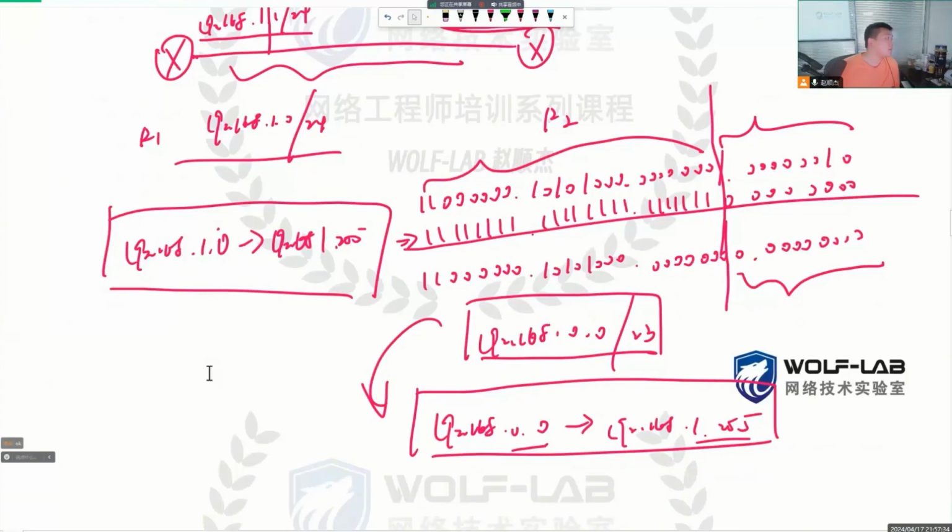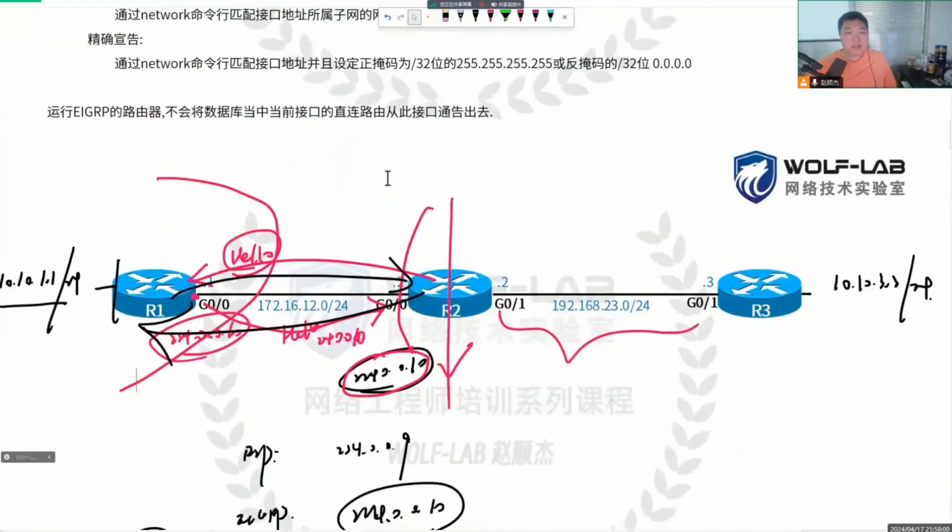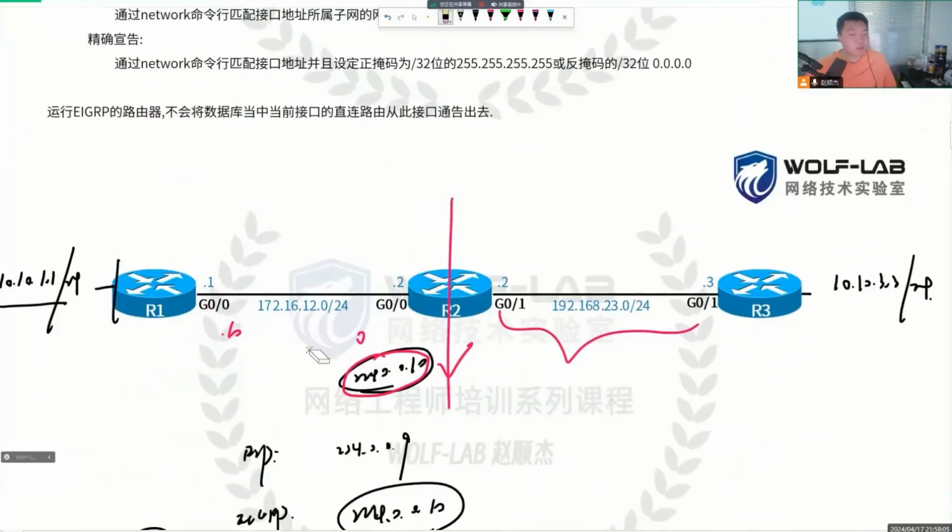EIGRP can be considered an entry-level protocol, because the later OSPF and BGP are relatively more complex. But EIGRP is a very easy protocol to lay the foundation with. If you understand how EIGRP works, you will find it very easy to learn OSPF and BGP later.